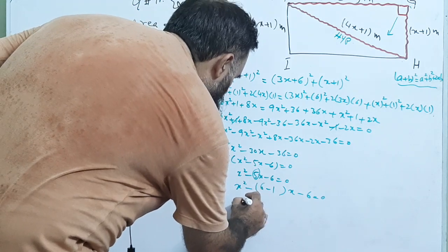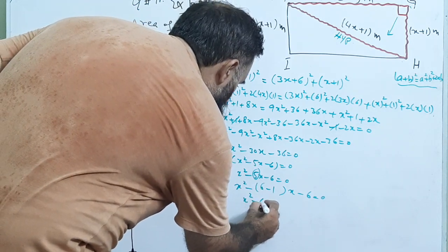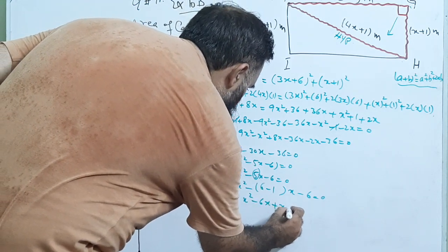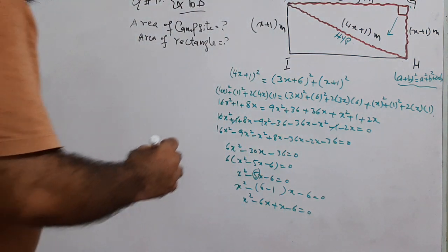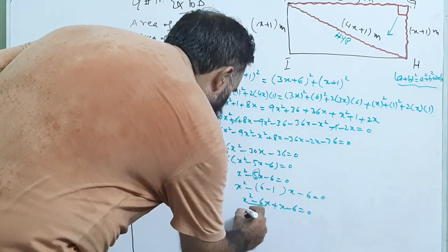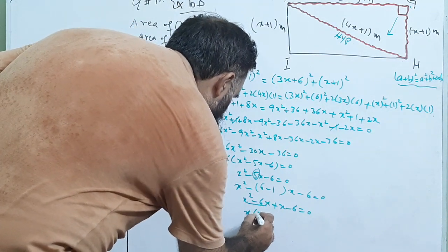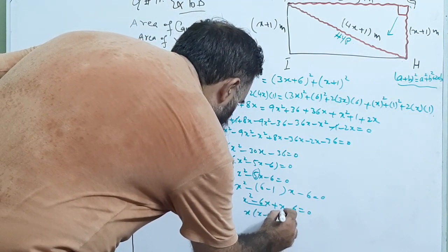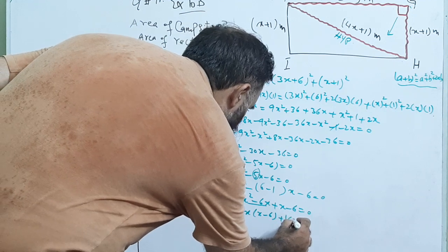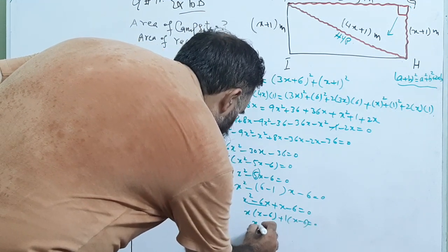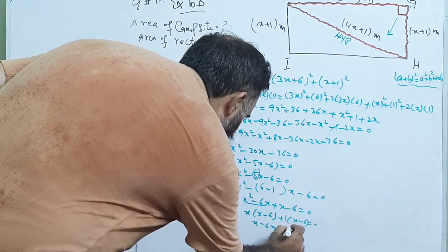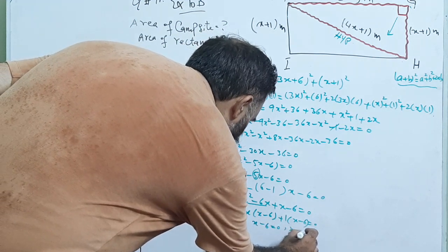So now we will open the bracket: x square minus 6x plus x minus 6 is equal to 0. Now we will take common x into x minus 6, from here only 1, x minus 6 is equal to 0.